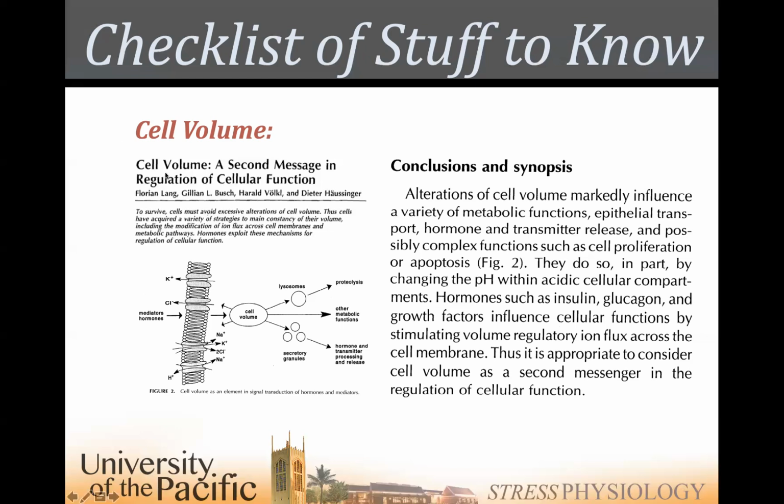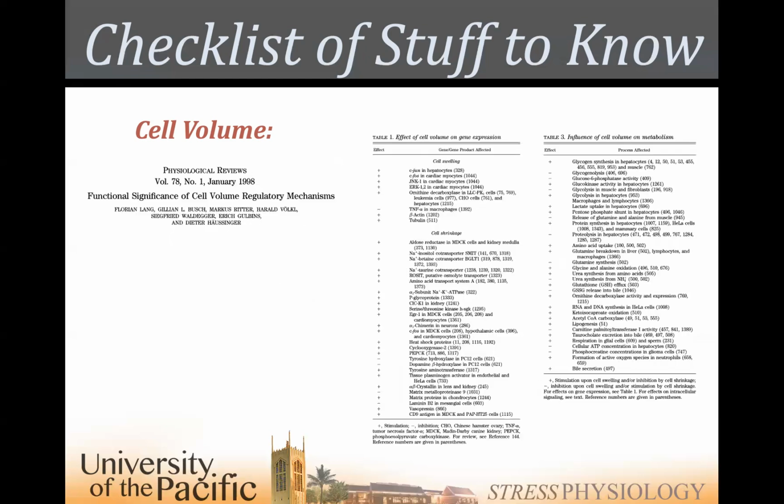Now, this is the Florian Lang stuff, cell volume and how important cell volume is. I'll upload to Canvas one of Florian Lang's papers, this one, because it's a really good, comprehensive, the most thorough paper I've ever seen on this subject. It's a little bit old now, but man, it's a really good one.